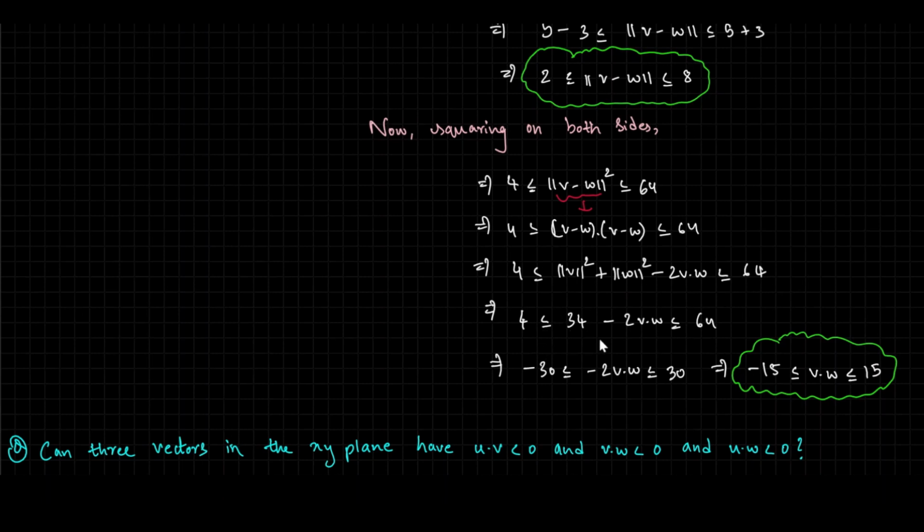So we get 4 less than or equal to 34 minus 2 times the dot product of v vector and w vector is less than or equal to 64, and from this you can get this. Don't be confused because it's minus 30 and 30 here. Even if you divide by minus 1, the inequality signs change and you finally end up with the same result.